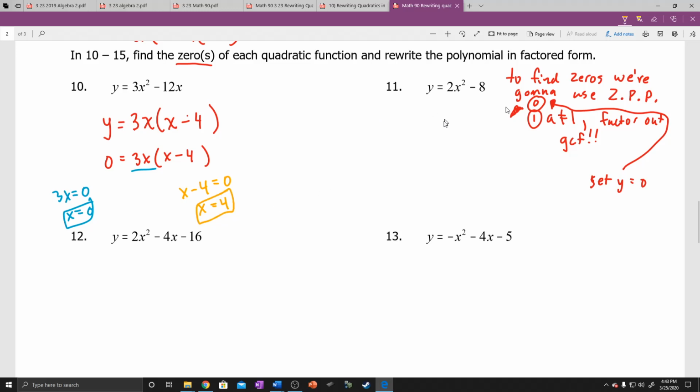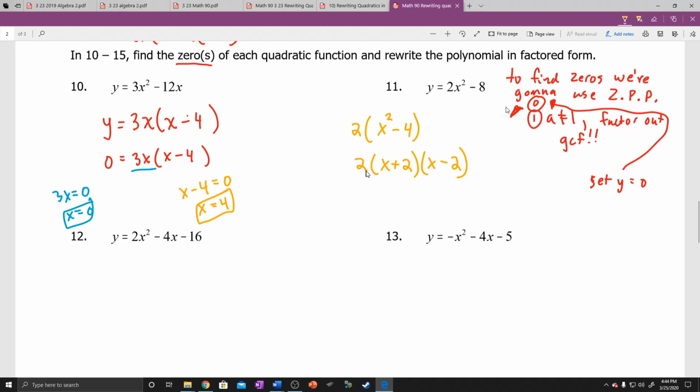Alright, I'm going to go a little bit quicker. You guys are going to have other exercise problems to do. So let's see. Factor out a 2: x squared minus 4. This is a difference of two squares. We're going to see these a lot, so you're going to get a lot better with them. This will factor to x plus 2, x minus 2.